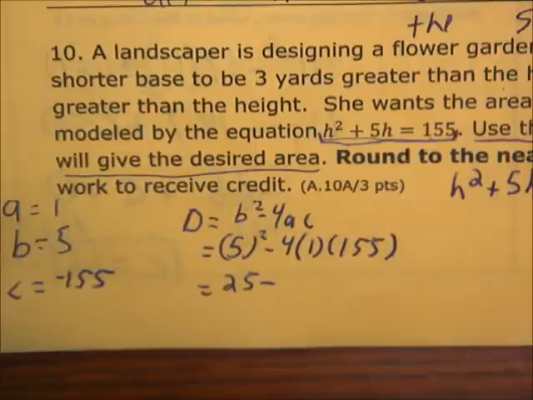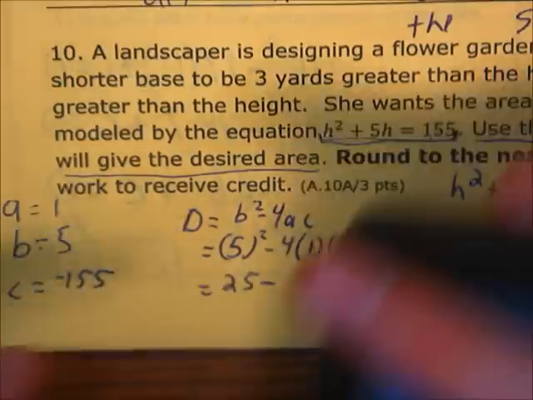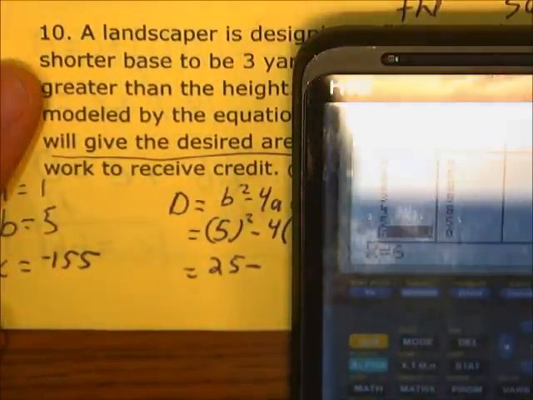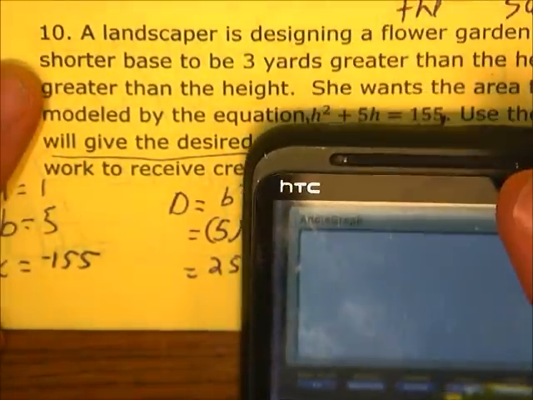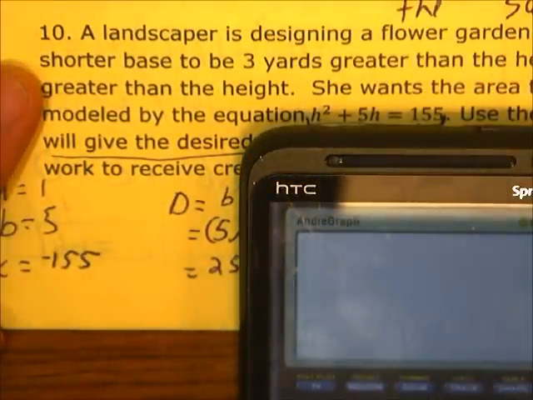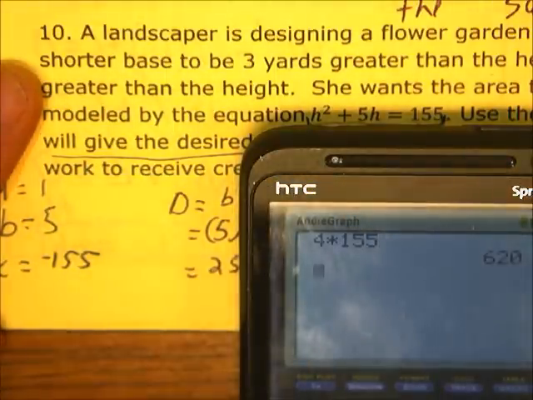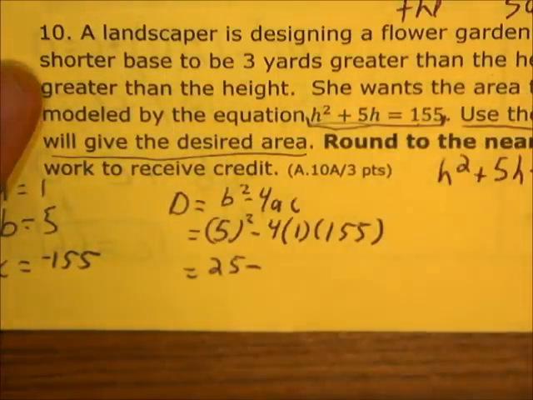Give me a second to get my calculator back out. We've got 4 times 155 is going to give me 620.